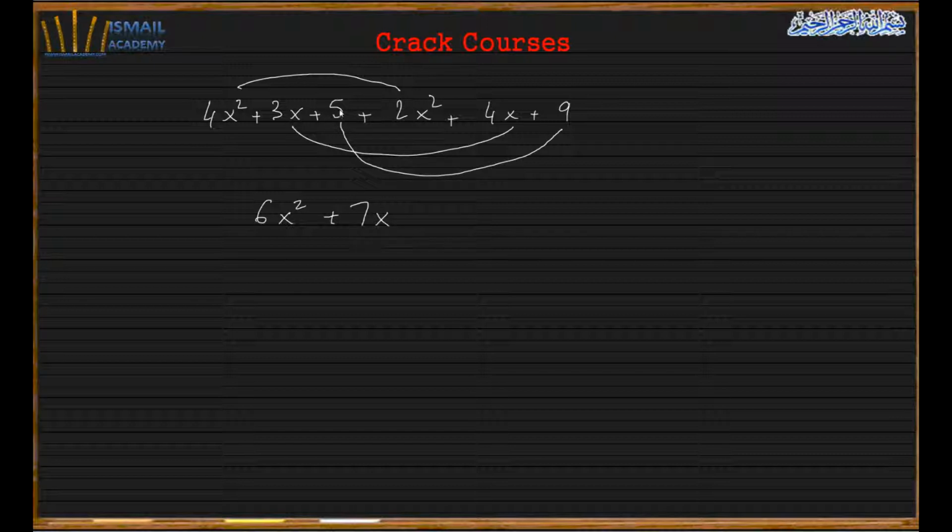Here I have 5 and 9, so it's going to be 14. You see? Even a second grade student can do it if he applies the idea of addition by combining similar quantity.